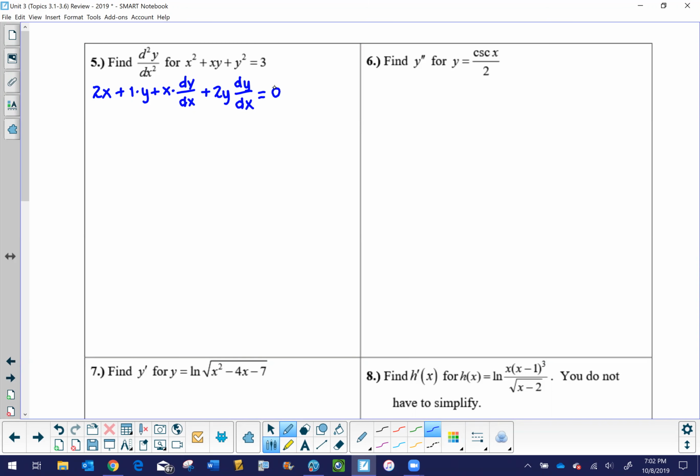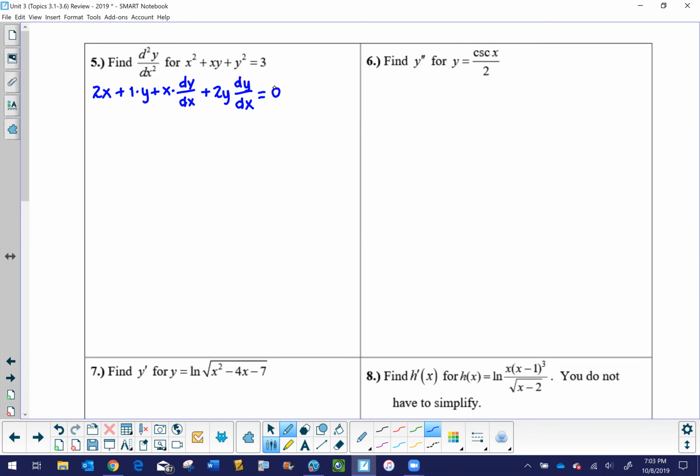Okay. Now, whenever you take the second derivative implicitly, and you may remember we talked about this in class, this was the very last example on the last day of the notes. In fact, a few of you actually saw this today. The rest of you, I think, saw it yesterday. The key is that you can either get dy dx by itself now, or you could just take the derivative right now the way that this is written.